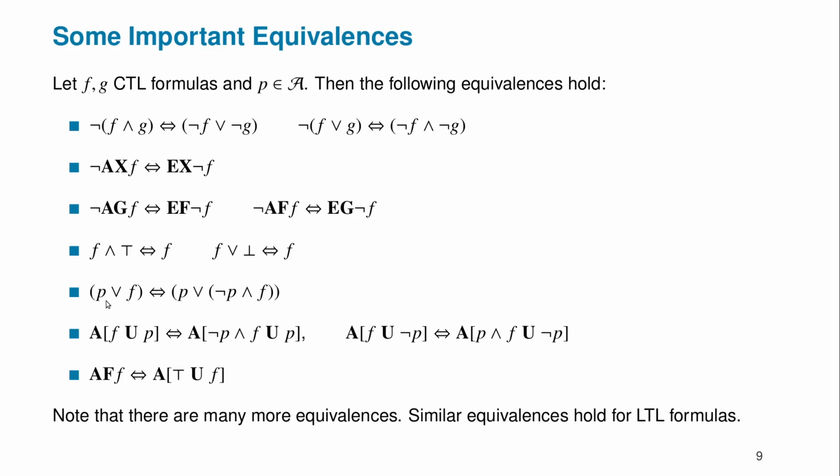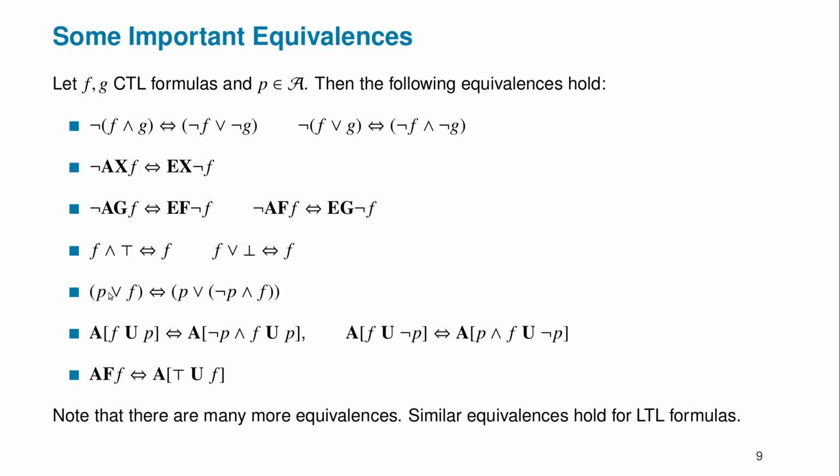Then what we have here is if we have P or F, then this is equivalent to P or (not P and F), where P is an atom. F and G are arbitrary CTL formulas. Why is this the case?